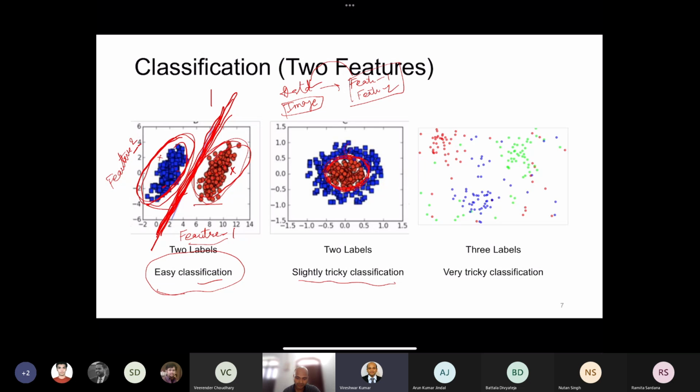Similarly, it is very easy for a machine learning algorithm to detect who is a COVID infected person and who is not a COVID infected person.